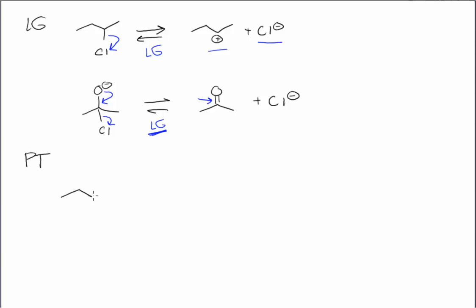Here's one example. What we're going to do here is, let me draw in these lone pairs. Sometimes with arrow patterns, it's a lot easier for us if we draw in the lone pairs.